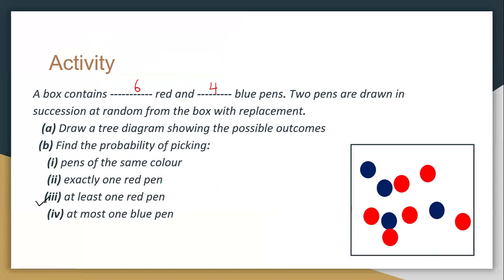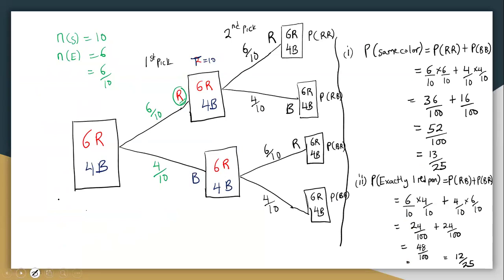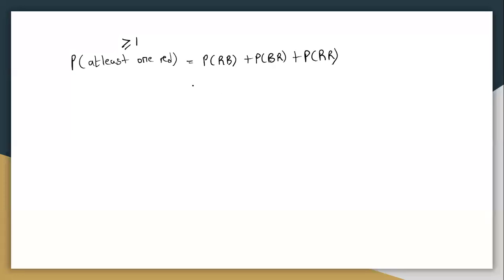They wanted at least 1 red pen. So we said earlier this week that when they tell us at least 1 red, probability of at least 1 red, it means greater than or equal to 1. So I'll expect to have probability of red, blue, plus probability of blue, red, plus probability of red and red.